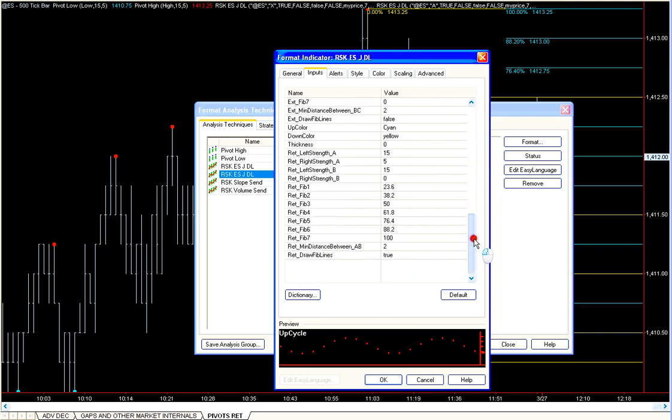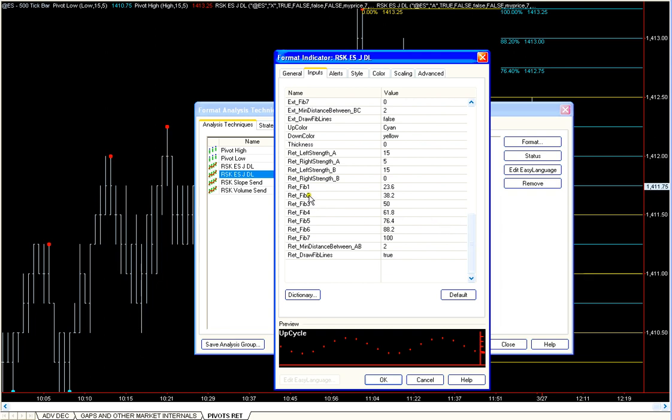So for example, for our retracements, we have all 7 Fibonacci retracements, including the 100% line, showing up here.